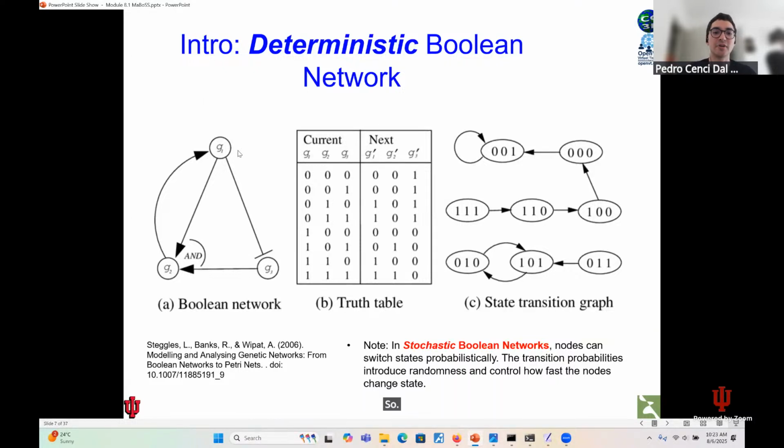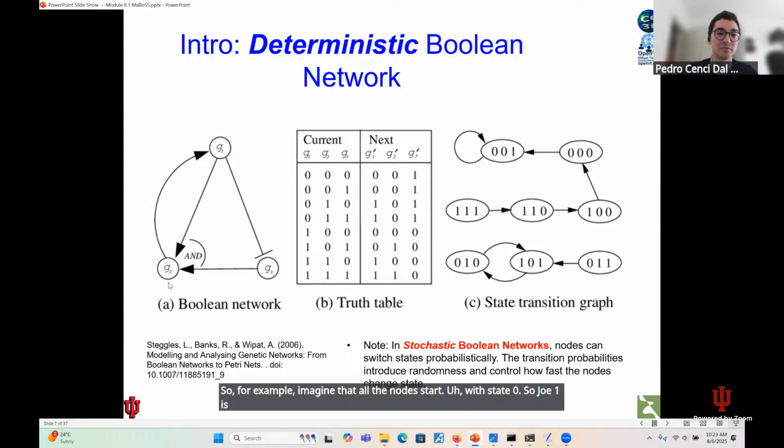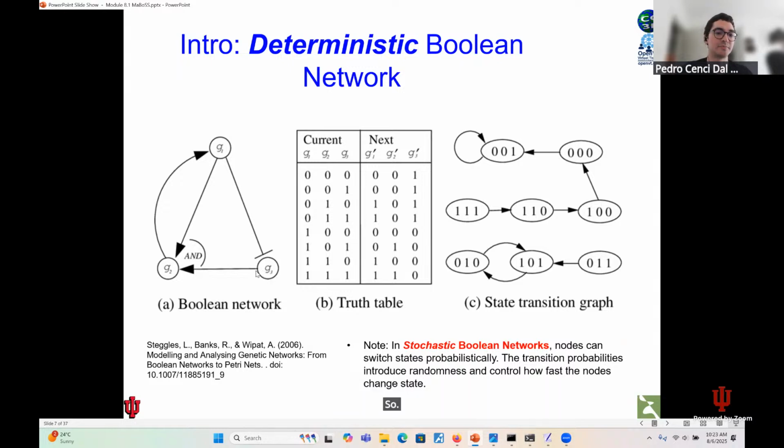So here we have a truth table, so all possible combinations of states of this network and what will be the resulting state in the next step of the network. So for example, imagine that all the nodes start with state 0. So G1 is 0, G2 is 0, and G3 is 0. So what is the next step?